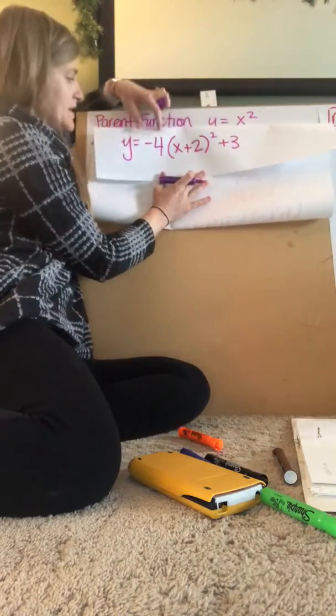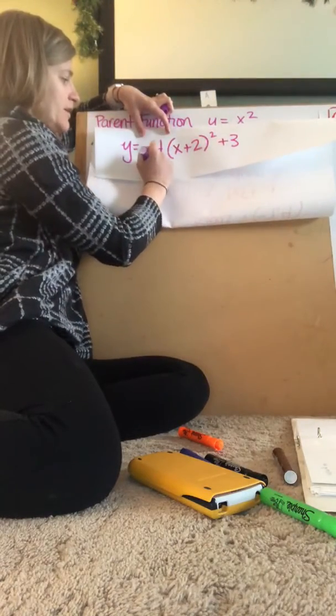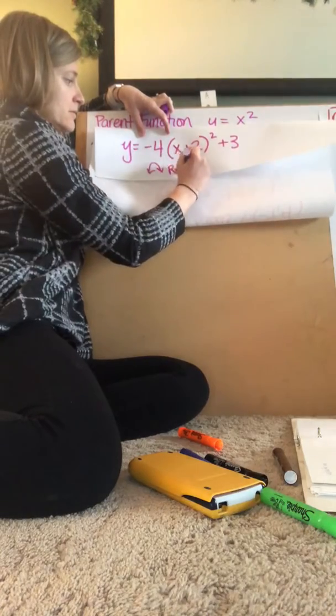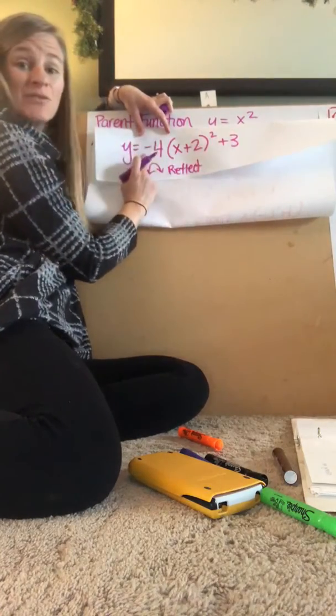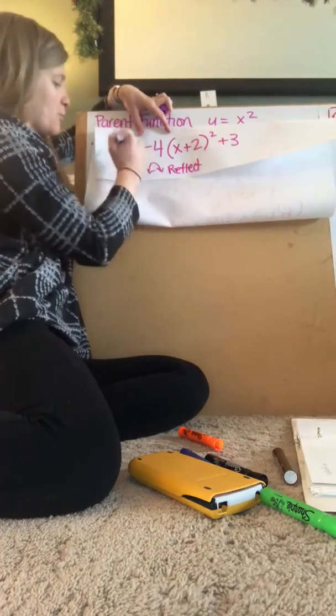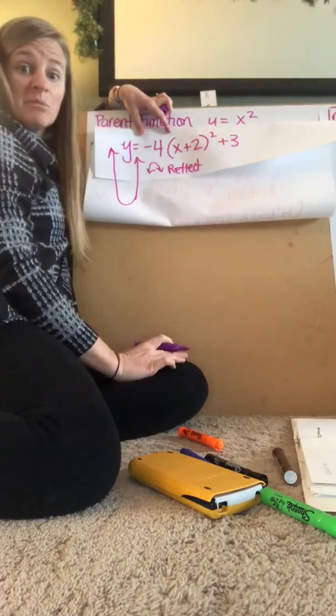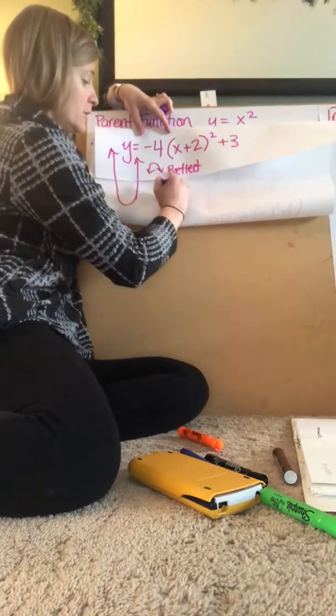Okay, this minus 4 out front does a reflection. This minus 4 out in front, because 4 is greater than 1, it's going to stretch my graph vertically, so it's going to be narrower.